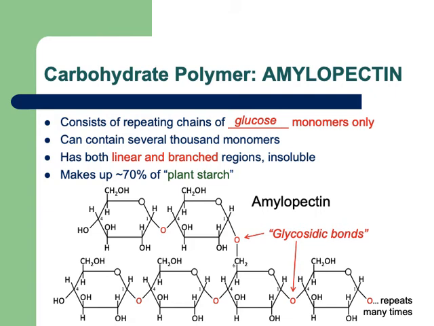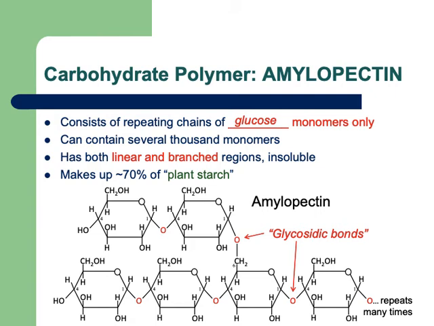Now, the thing that you need to recognize here is that all the glucose monomers are bound together by dehydration reactions or condensation reactions, where you are removing water and you're forming a glycosidic bond. As you can see here in amylopectin, we have carbon 1, carbon 4 linkages, similar to amylose, but we also have carbon 1 to carbon 6 linkages.